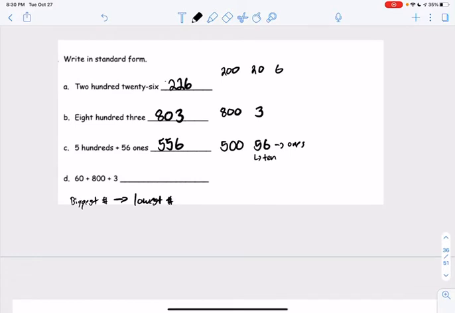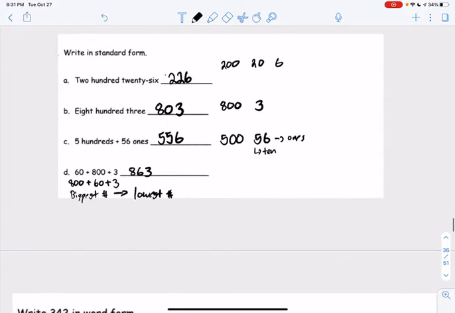So what is the biggest number? 60, 800, or 3? 800. And what is the middle number? 60. And what is the lowest number? 3. So we have an expanded form, but we need to make it in standard form. So 863.